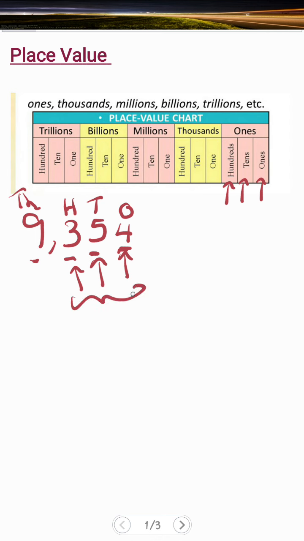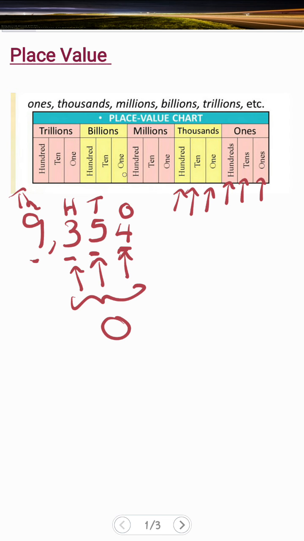So this is for the ones period. After the ones period comes the thousands period, and it's also divided into 3 places as well: ones, tens, and hundreds. So ones here means 1,000, and 10 means 10,000, and 100 means 100,000.